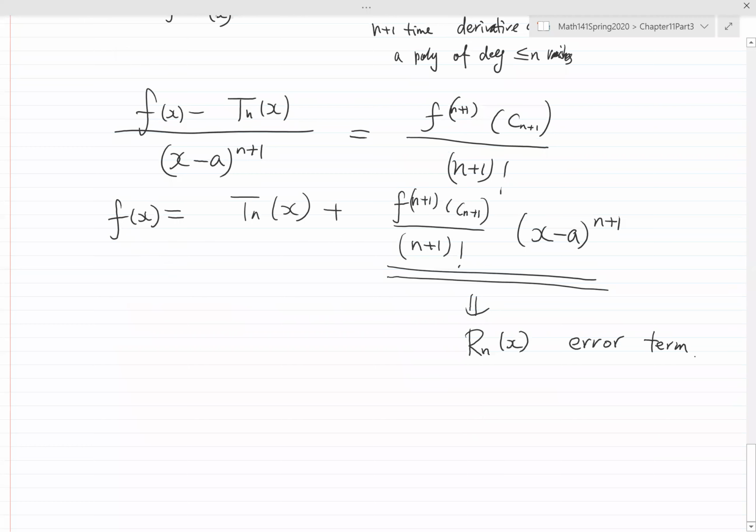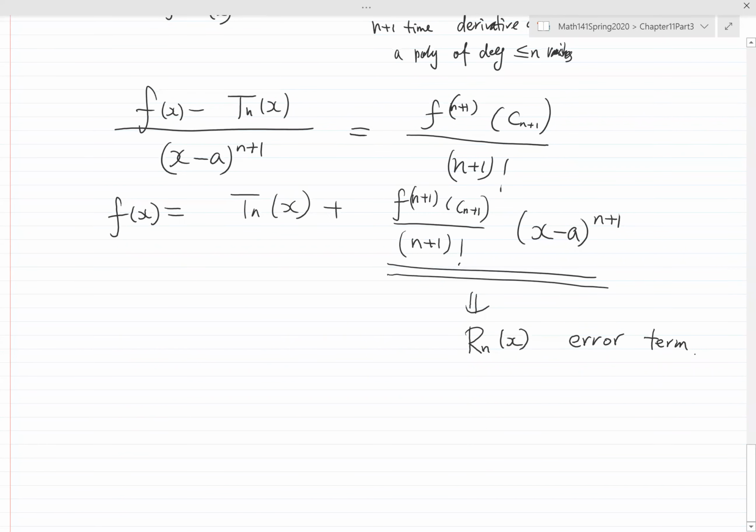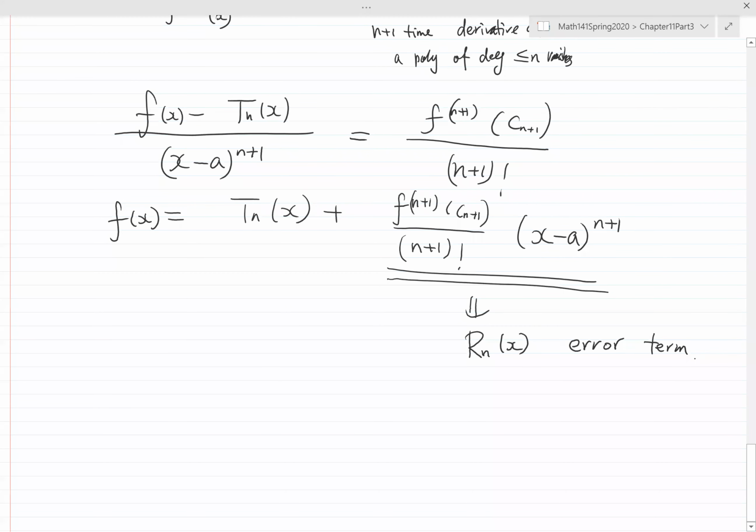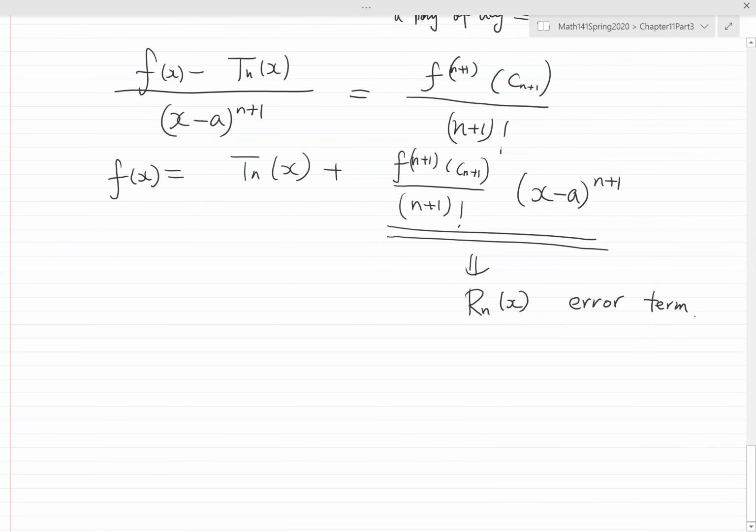If x is really close to a, then x minus a is really small, and also n plus 1 factorial is big, so the denominator is big. So we get a Taylor expansion. You see, the Taylor expansion gives us an approximation of the function f plus some error term.